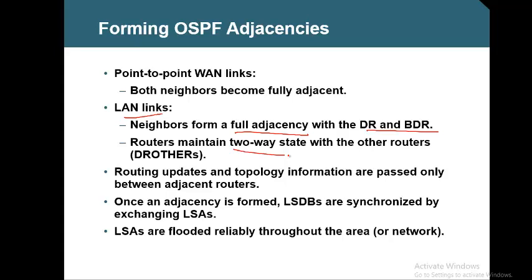This avoids duplication of updates, which in turn avoids loops. We have learned all these stories, but if you still have questions, you can ask, I'll explain. Two-way relationship routers will not exchange any DBD. Two-way relationship routers will know each other as neighbors, but they don't do any exchange.